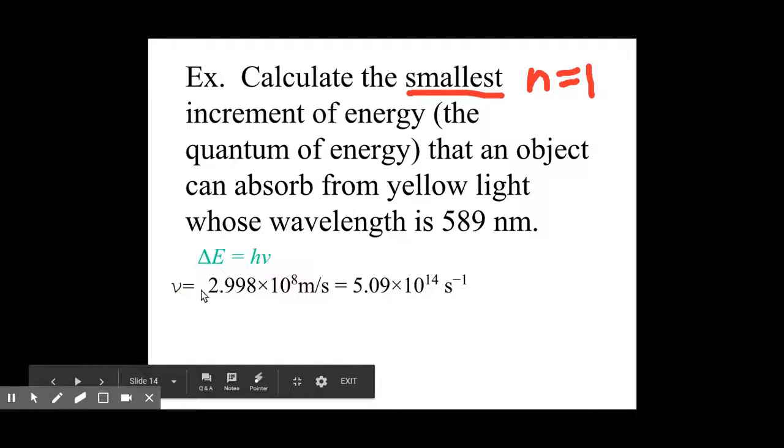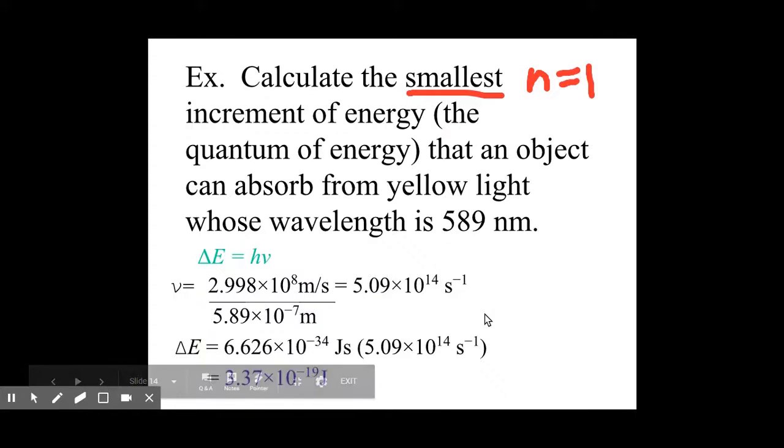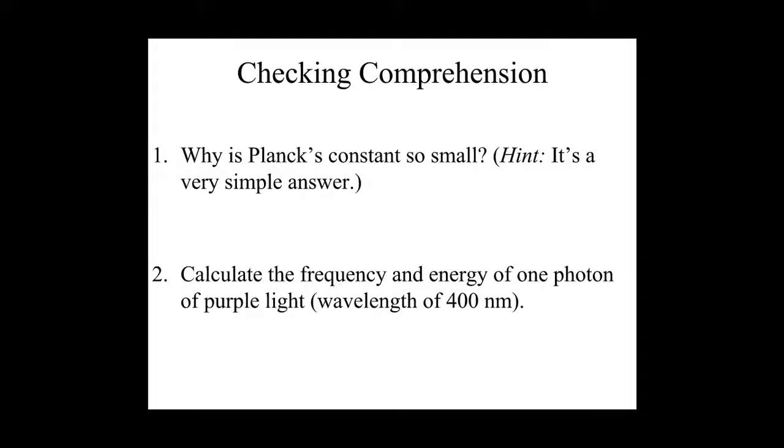I need to take the speed of light divided by the wavelength, and that will give me my frequency. Then I take Planck's constant times the frequency to give me my answer. It will be 3.37 times 10 to the minus 19 joule.